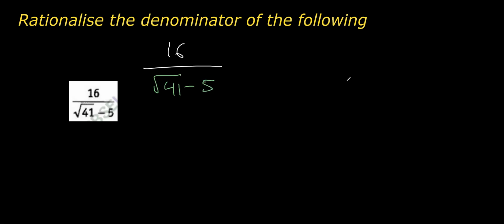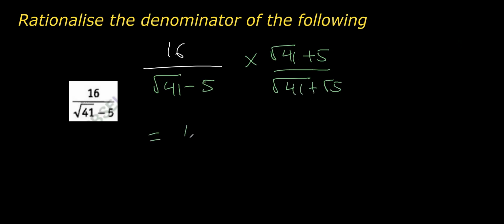Whenever your denominator is in the form of a plus b, its rationalizing factor will be a minus b, and vice versa. So it is in the form of a minus b, so we'll be multiplying and dividing by a plus b form, that is, root 41 plus 5.